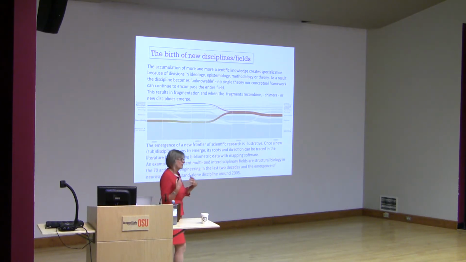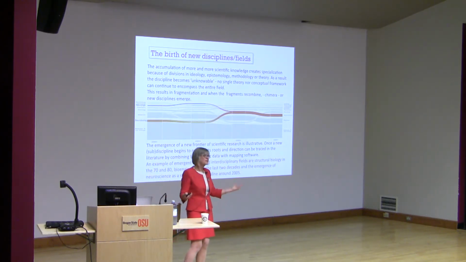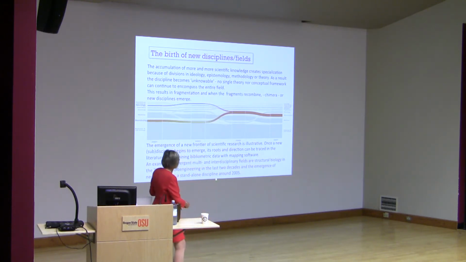And I myself and lots of people who are now called structural biologists, we were never exposed to biology when we studied. We did chemistry and physics and then ended up applying our methodology to biological questions. Bioengineering is another of these new disciplines that came about in the last 2 decades only.